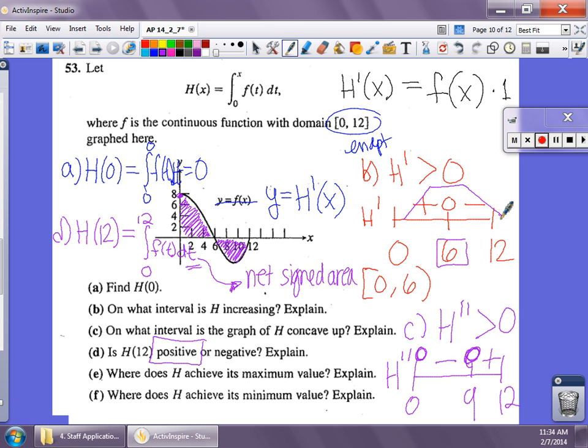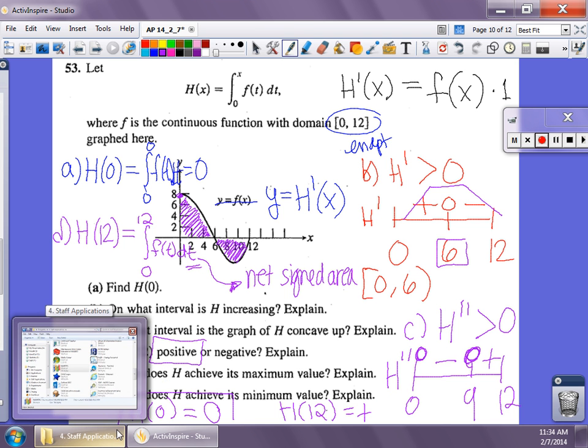So where are my possible minimums? At 0 and at 12. So I have to compare the values. Problem set up nicely. What was h of 0? What was h of 12? Something positive. That's all you care about. Which one's going to be the minimum then? H of 0. Okay?